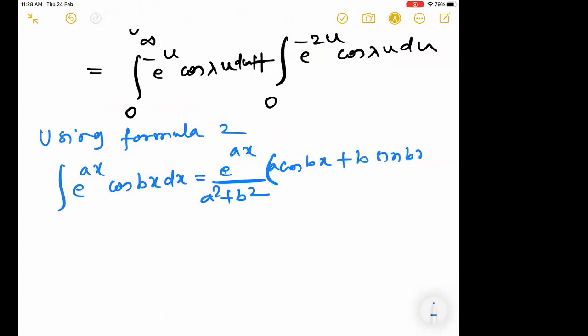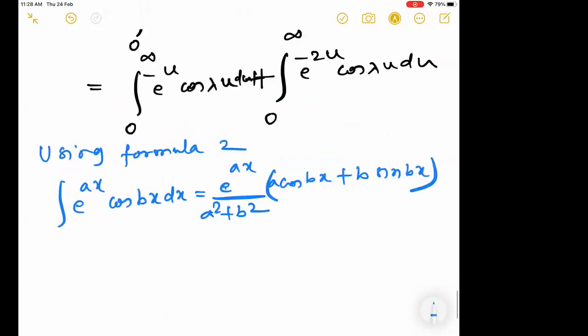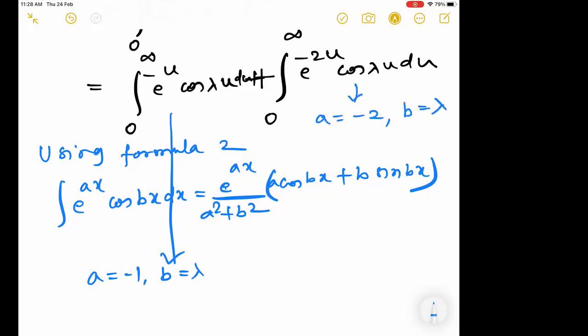This is your result. So what is a and what is b in the first integral? a is minus 1 and b is lambda. Similarly, in the second integral a is minus 2 and b is again lambda. So only replace them in the formula.